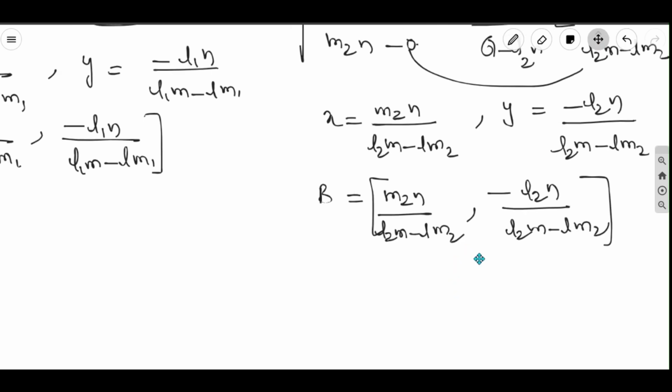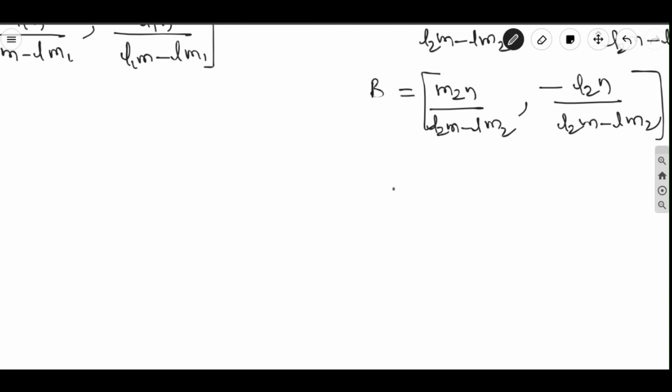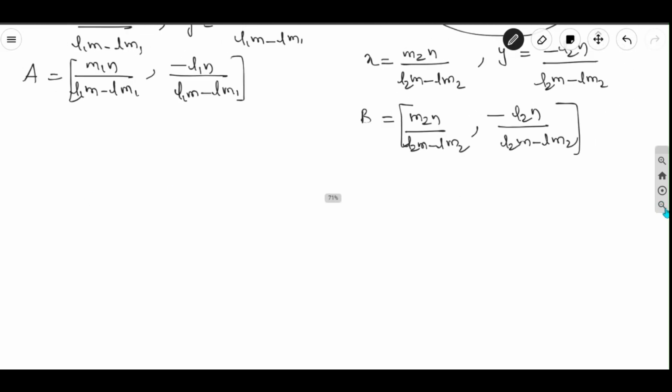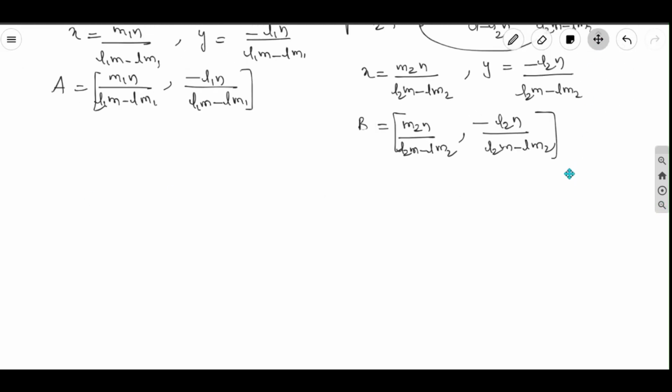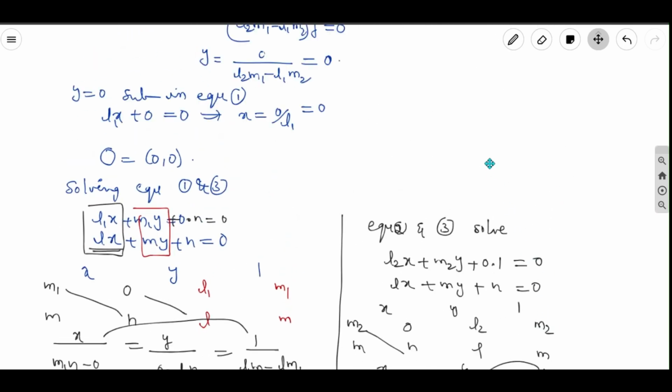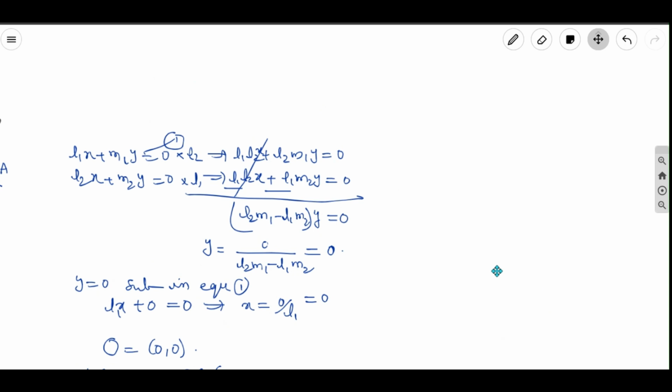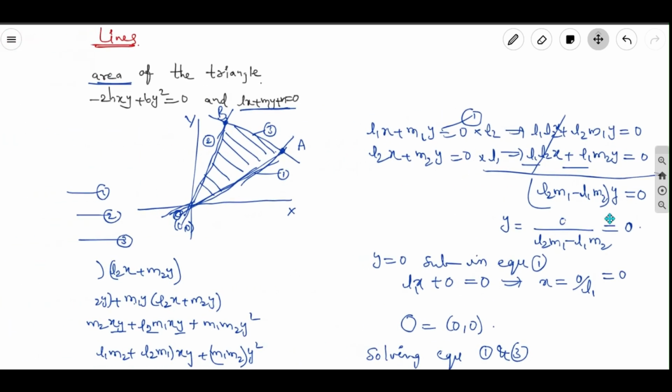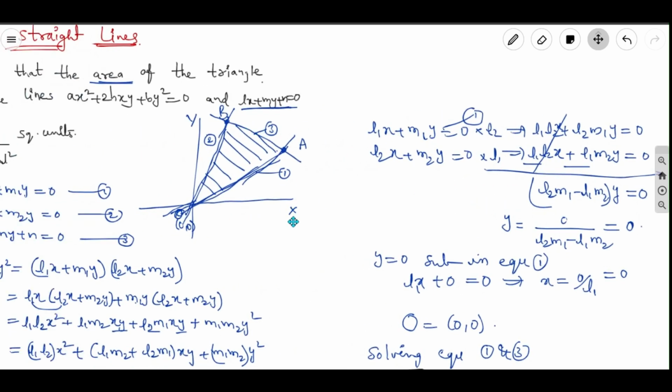Now take the triangle. Triangle area is here. OABC is a triangle. Here O is the origin.